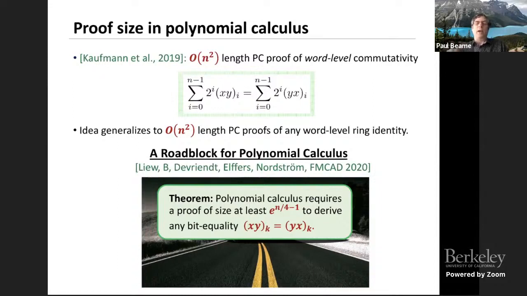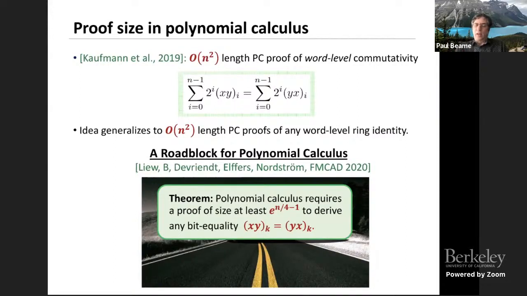Even if you had twin variables, the proof size to derive that is exponential in the number of bits of the word. So integration of the polynomial calculus with the bit level is itself a tricky process.